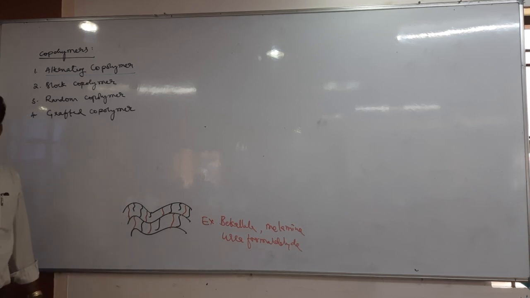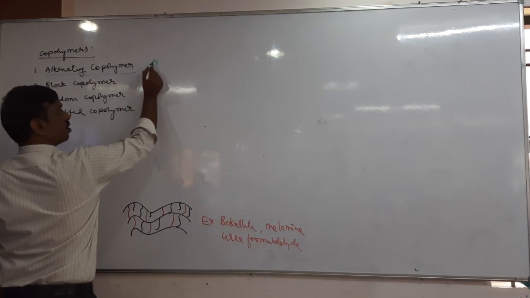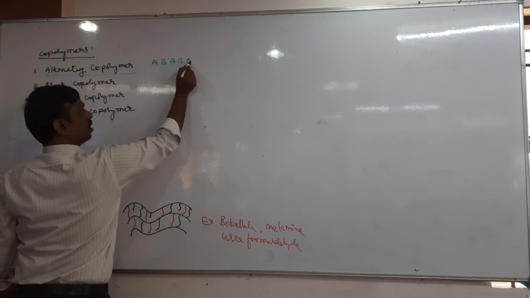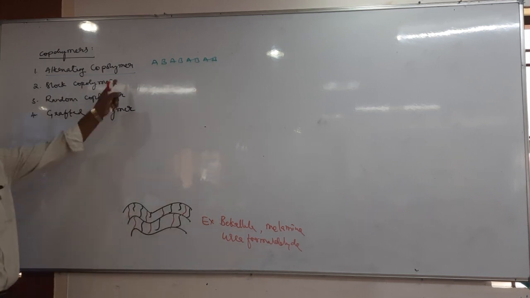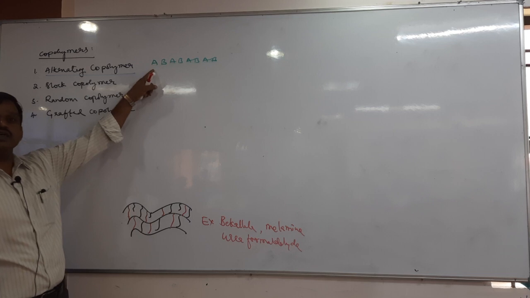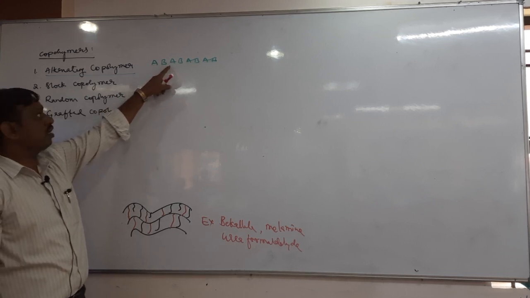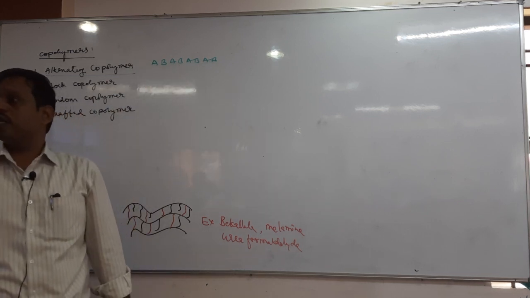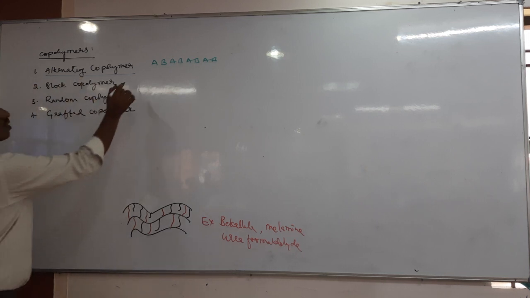If the monomers are arranged in alternating positions, for example, if A is a monomer, after A, B comes, then again A, B. In this polymer chain the monomers are arranged in alternating positions, A, then B, then A, B, A, B. Like that, if the monomers are arranged in alternating positions in the polymer chain, then they are called alternating copolymer. Definition not required, just take the arrangement.